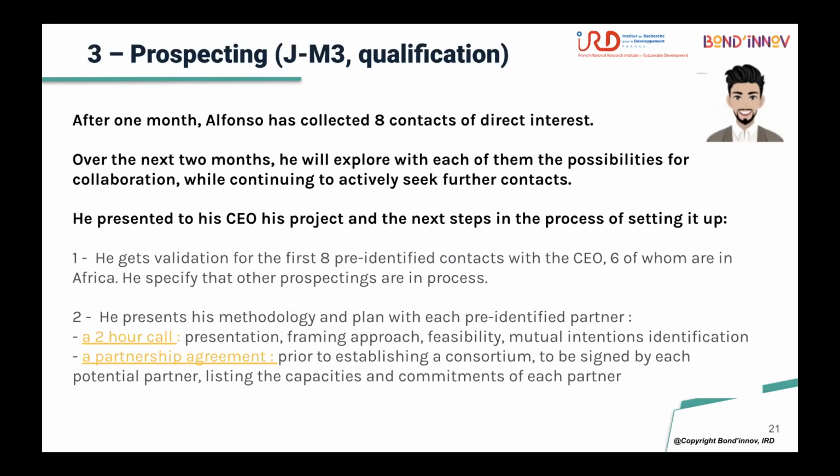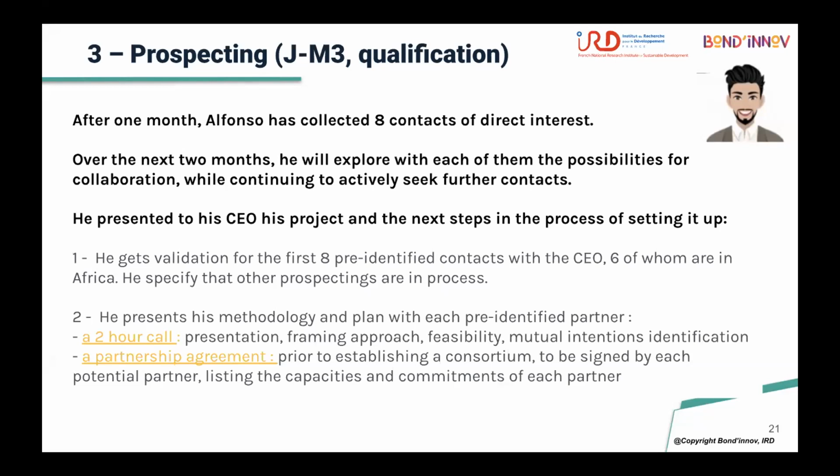The first draft Alfonso prepared is also shared with the partner, and Alfonso can discuss with the identified partner what the mutual intentions are for each of them on this project. And for each of these identified partners, Alfonso can propose a partnership agreement. This partnership agreement will be the reference document of the collaboration between the 2 partners.